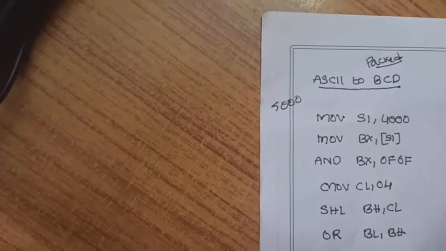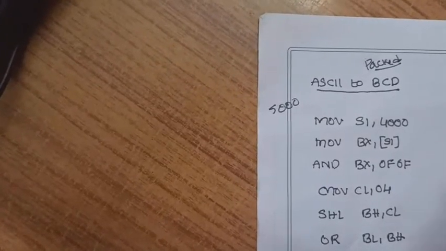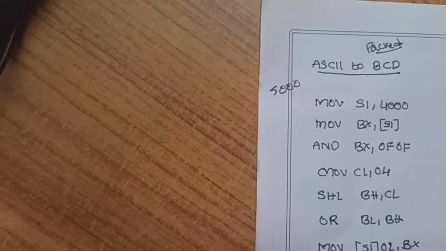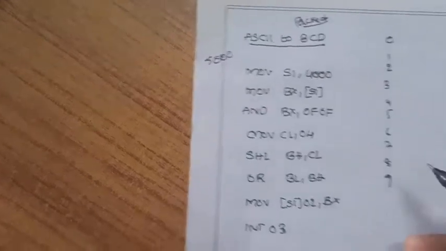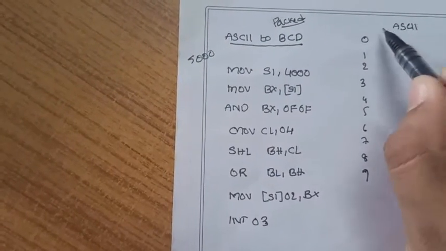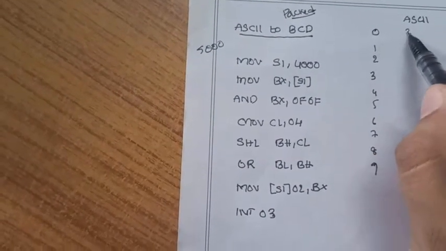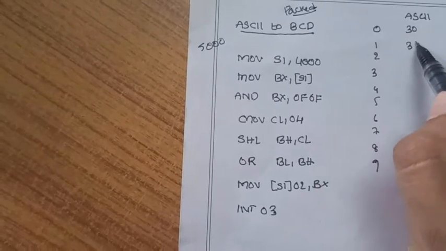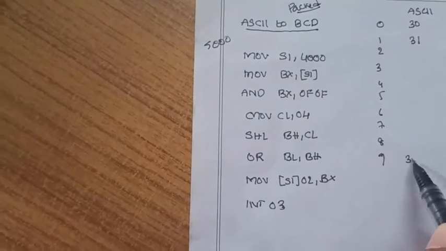In this assembly language program, BCD number refers to 0, 1, 2, 3, 4, 5, 6, 7, 8, 9. But if you want to represent the same in terms of ASCII, 0 is represented as 30, 1 is represented as 31 and so on up to 39.